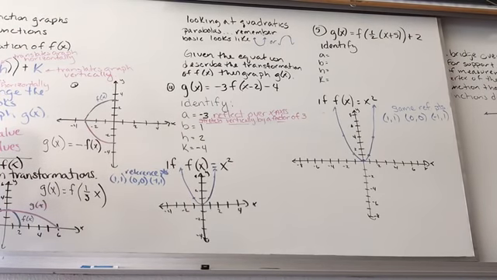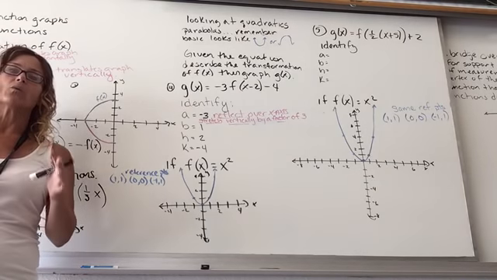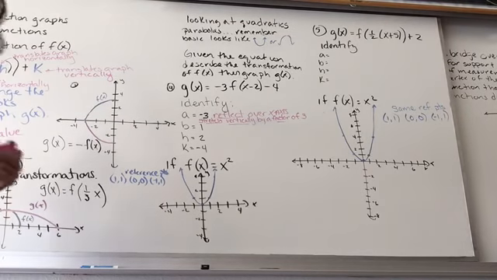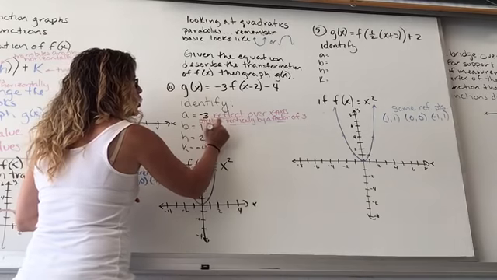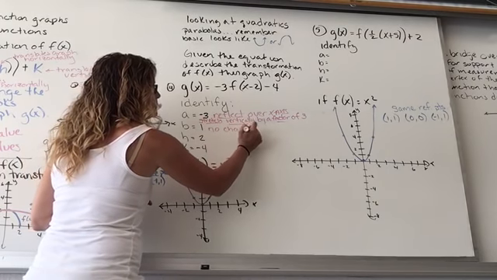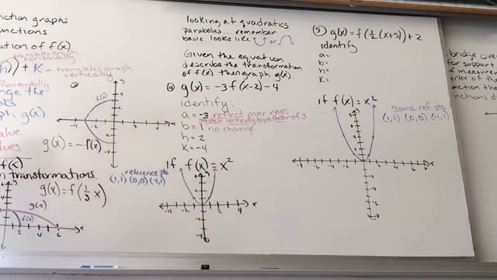B is 1. That means b doesn't do any changes. Anytime the values of a or b are 1, we're not making any changes. So this has no change. But h being 2, that means we're going to translate, because if you look back at your equations of h, you can identify that h does the translation horizontally.